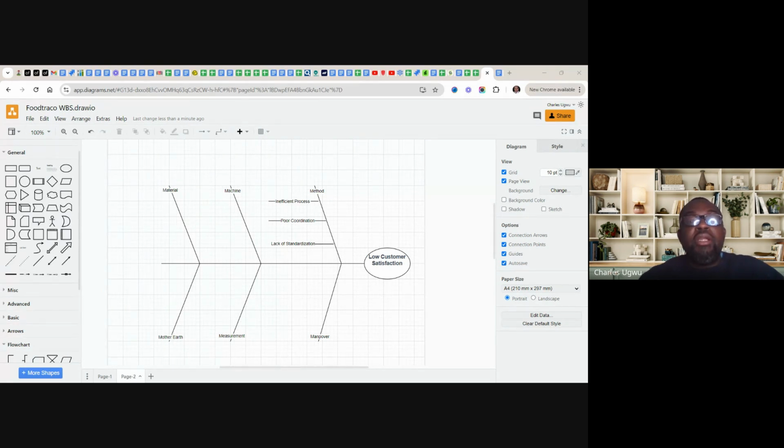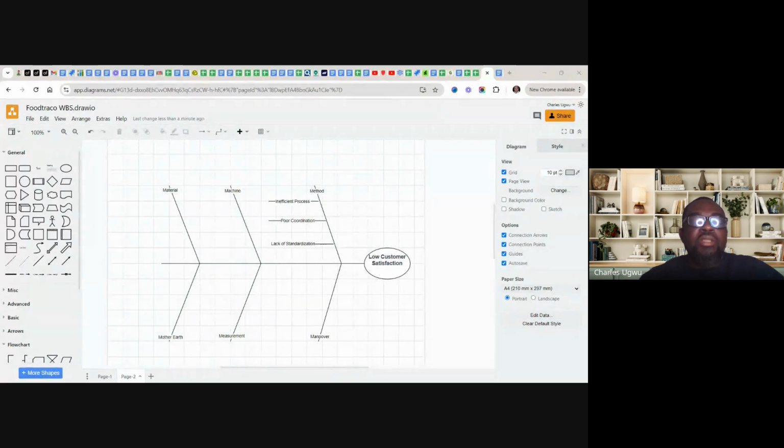Could it be the method we are using is not good? Okay, what are the methods? What areas do we have challenges within the method? We list them. Or could it be the machine we are using is not good enough? Then what are the areas within the machine? Or could it be from the material? We look at the material. Or could it be environmental factor?